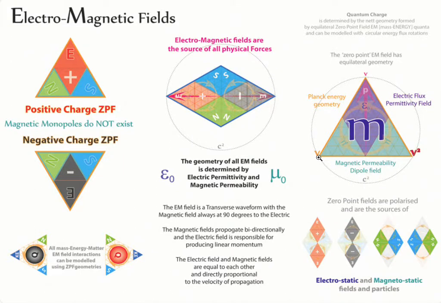Again, careful to note that in Tetryonics, momenta can refer to the equilateral geometry, which is modelled as a rotational energy flux, but is in fact a physical equilateral geometry, or it may refer to the linear momenta of the system, depending on what properties you're seeking to measure or determine.